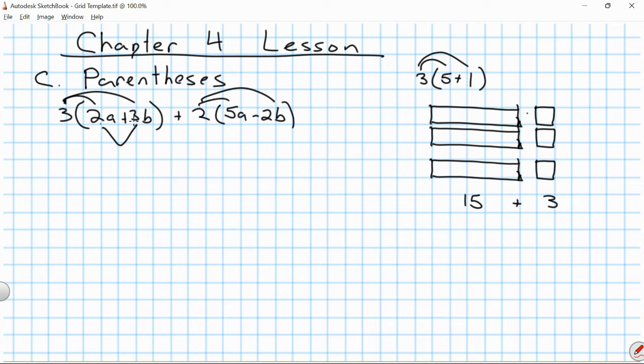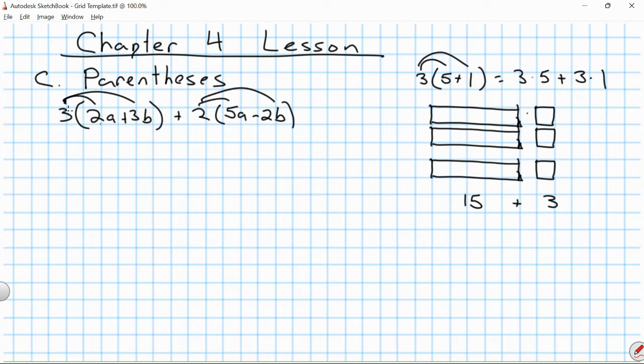But here, you can't combine 2a and 3b because they're not like terms. But you can get rid of parentheses by distributing. So when you have 3 times 5 plus 1, we can rewrite this as 3 times 5 plus 3 times 1. You can separate the addition problem and multiply each addend, is what they're called, by this number in front.